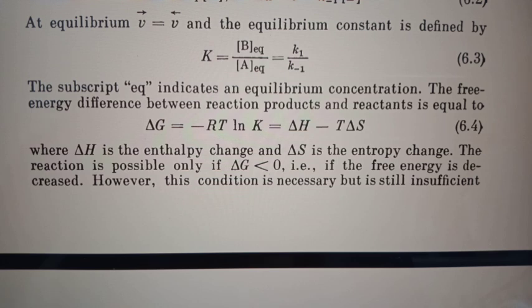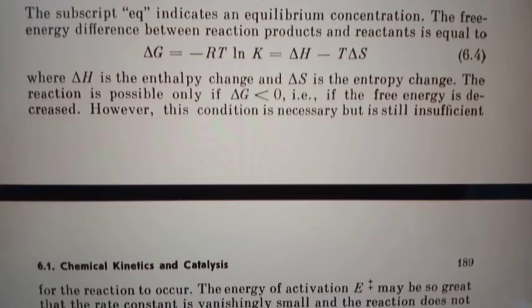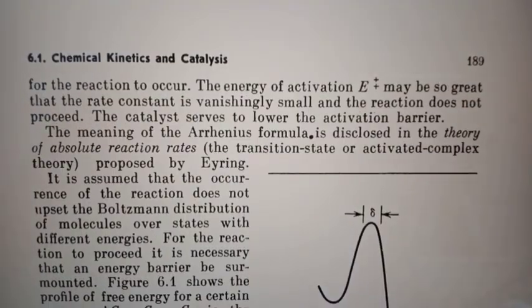The reaction is possible only if delta G is less than 0, that is, if the free energy is decreased. However, this condition is necessary but not sufficient for the reaction to occur.